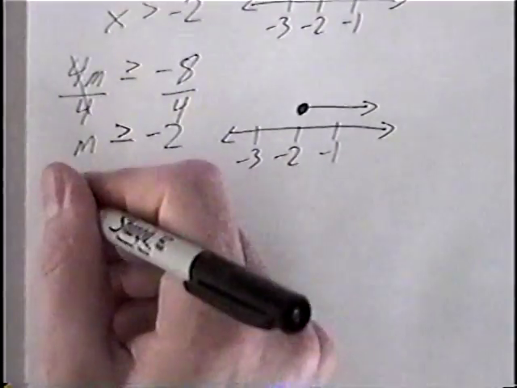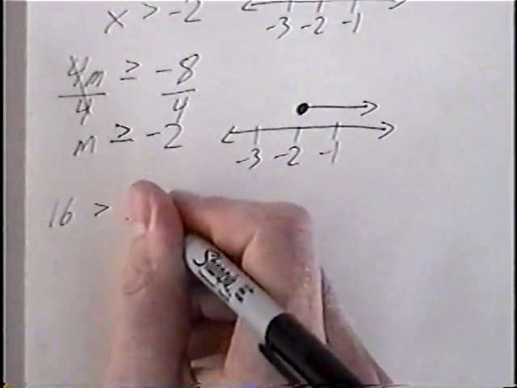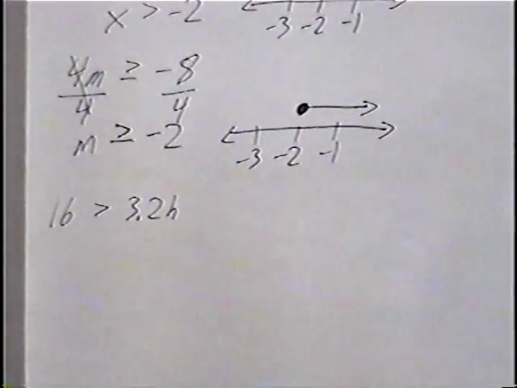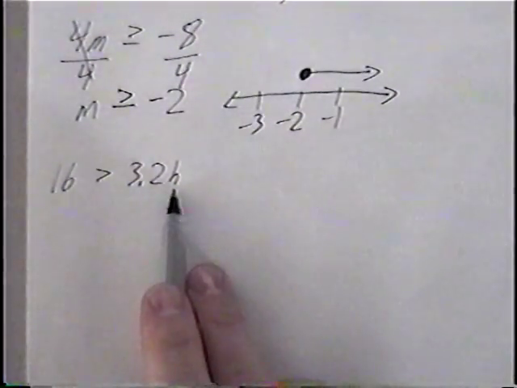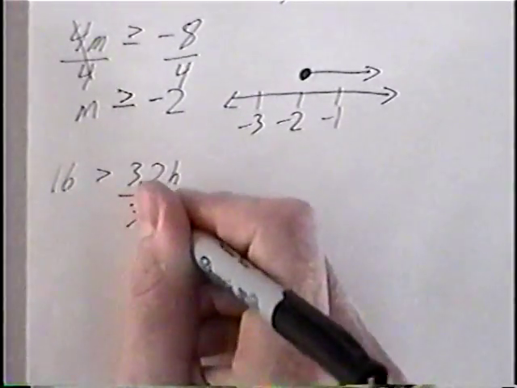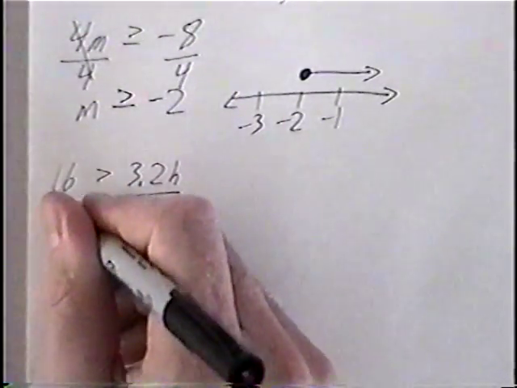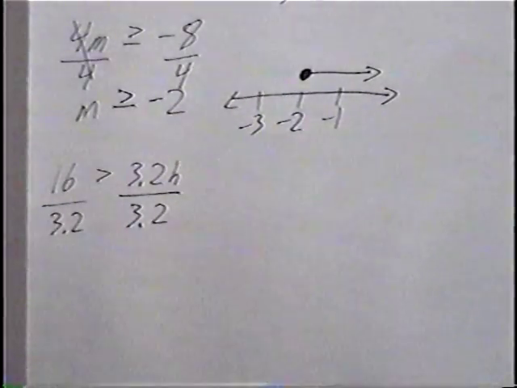Last question for this section. We have 16 is greater than 3.2 h. Again, we want to solve for h, so we want to get rid of this 3.2. We can divide both sides by 3.2. 16 divided by 3.2.